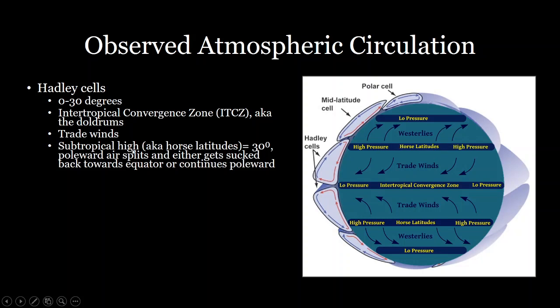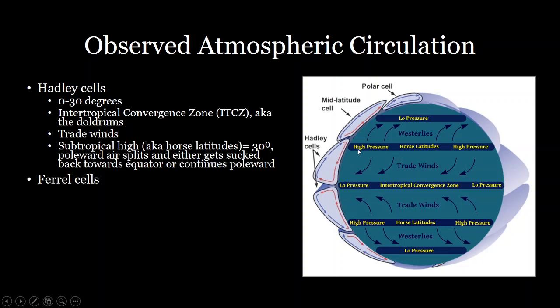So instead we call it the subtropical high, and it's located at about 30 degrees north and south latitude, formed by that falling air in that latitude region.